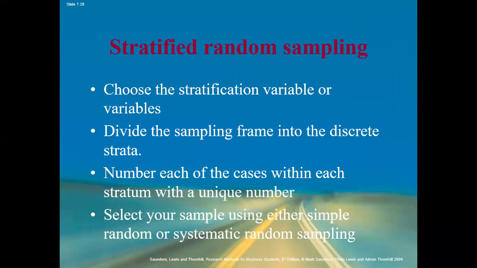Another method is stratified random sampling. Choose the stratification variable or variables. For example, in your ABC company, there are 3 departments: HR, finance, and operations.